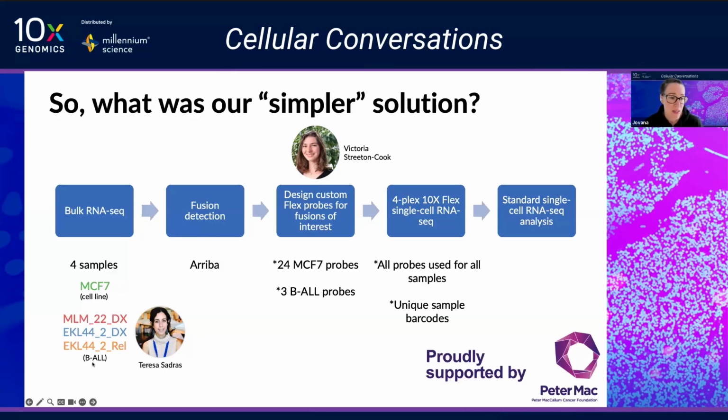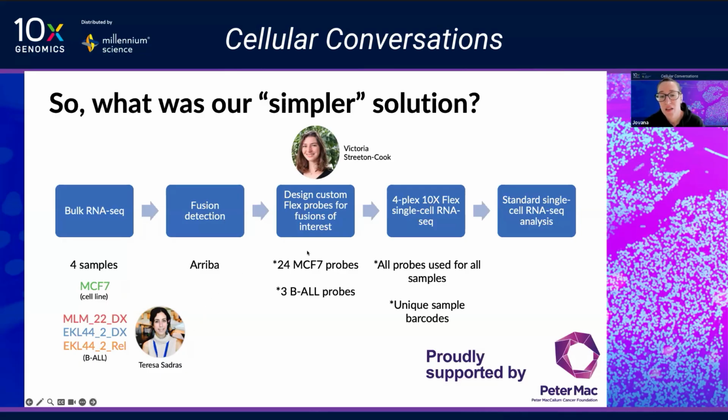And so we designed an experiment with 4 samples: one MCF7 cancer cell line, which has lots and lots of fusions and is well studied and is the classic model for fusion biology. And then 3 patient samples provided by our collaborator, Teresa Sadras, who's now over at ONJ. So 2 diagnosis and 1 relapse sample.